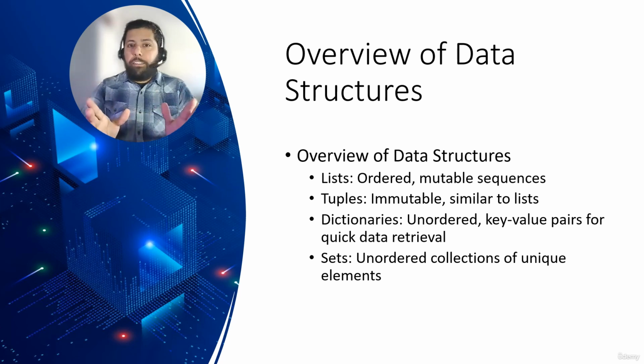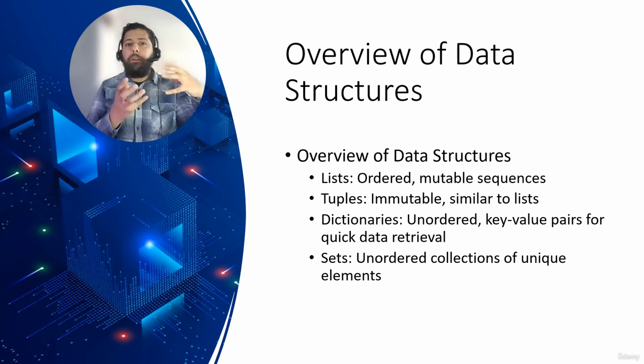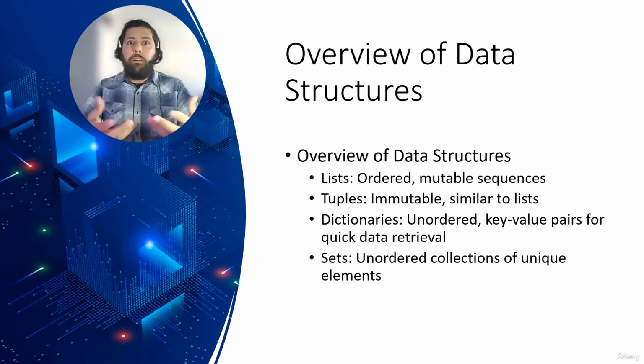When we talk about lists versus tuples, we'll talk about those two first, just as an overview. A list basically is an ordered, organized set of data based on mutable sequences. And mutable is just a fancy word for something that is changeable, something that is subject to change.